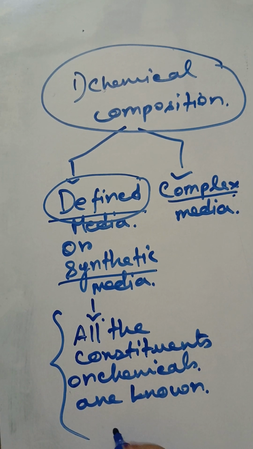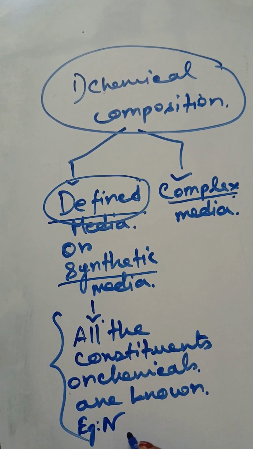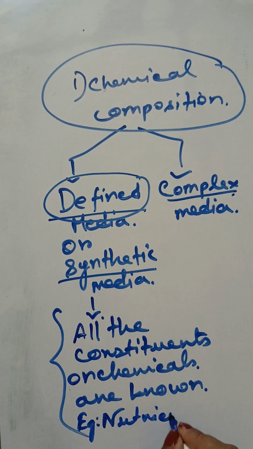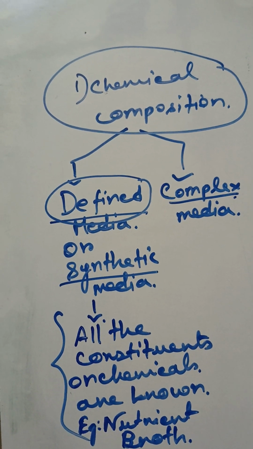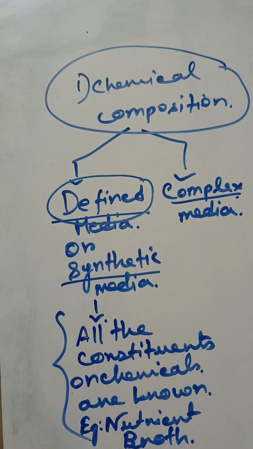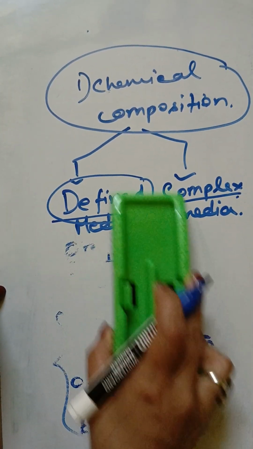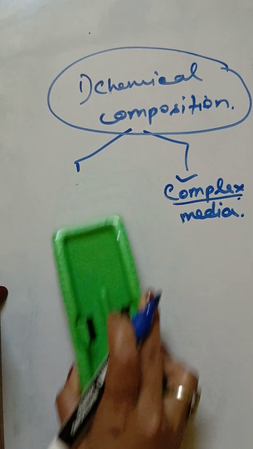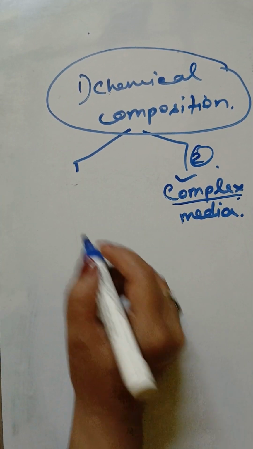One example of this defined media is nutrient broth. It's a very, very common media for microbiology. So nutrient broth is basically a defined media. Now, I'll come to the second type, that is complex media.